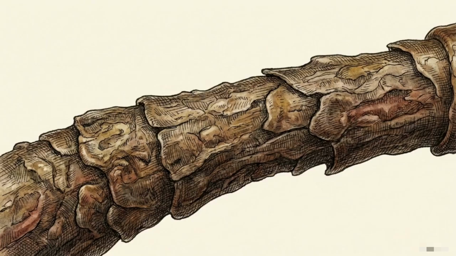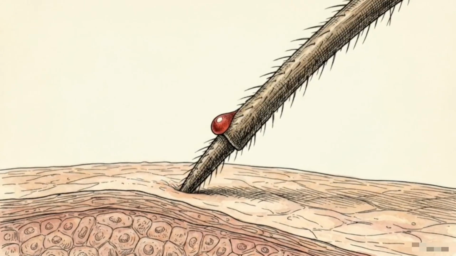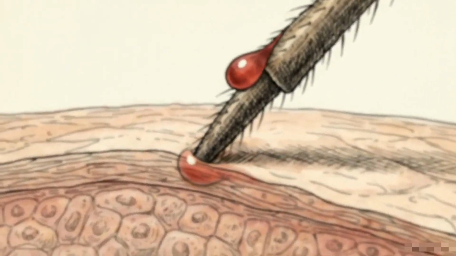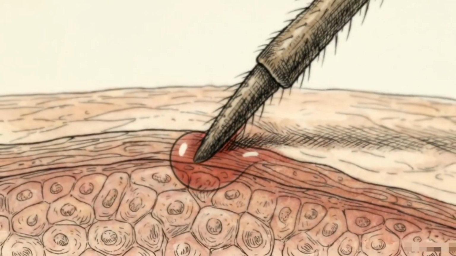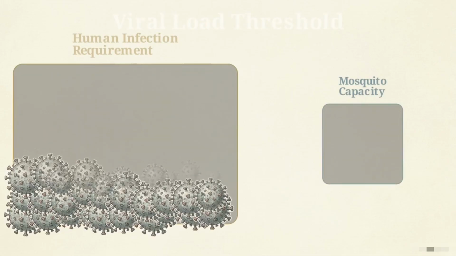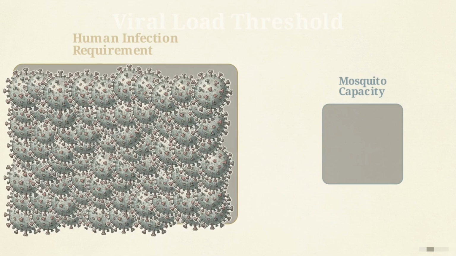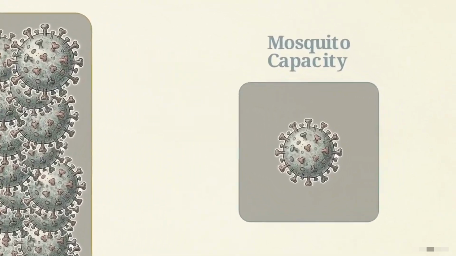Still, you might wonder about the outside of the mouthparts. Could a microscopic droplet of infected blood just resting on the surface of the snout get pushed into your skin and cause an infection? To answer that, we can look at this visual scale comparison to understand viral load. For a human to actually contract HIV, the body requires exposure to a massive concentrated quantity of the virus to overwhelm the immune system.